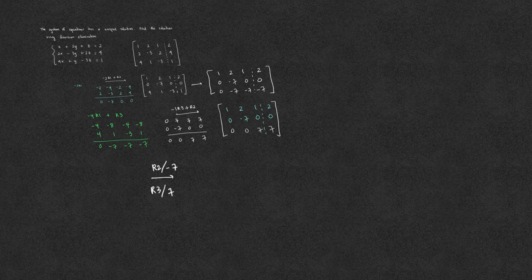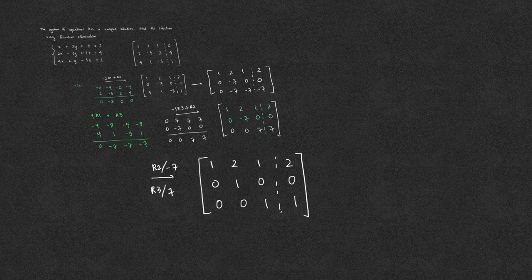Technically, we take the second row and multiply by negative 1 over 7 and the third row by 1 over 7. We obtain an equivalent matrix. The first row is now 1, 2, 1, 2, which is the same. The second row is now 0, 1, 0, 0, and the third row is 0, 0, 1, 1.